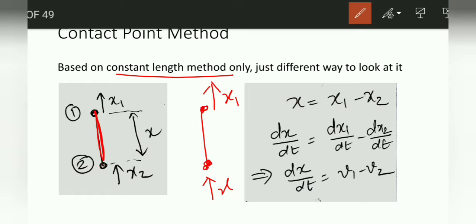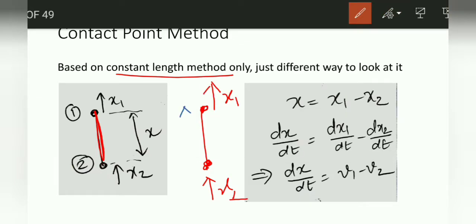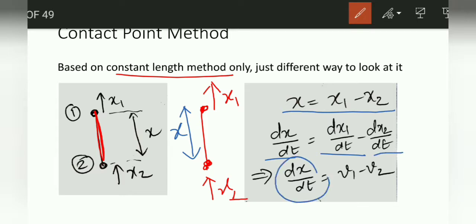One point is moving by a displacement x1, and the other point is moving by a displacement x2, and the relative displacement between them is x. So x will definitely be equal to x1 minus x2. Now differentiating, dx by dt is dx1 by dt minus dx2 by dt. So dx by dt, that means the change in the relative displacement, is v1 minus v2.